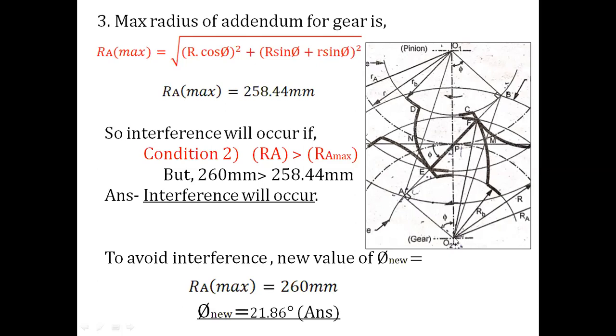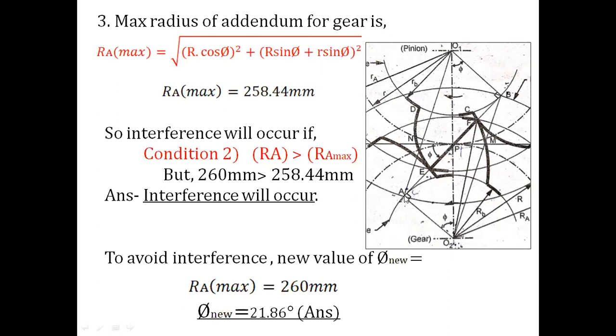So I am applying Pythagoras theorem here. I have to find RA max. The sum of the square of this length plus the square of this length, AO2. So what is AO2?